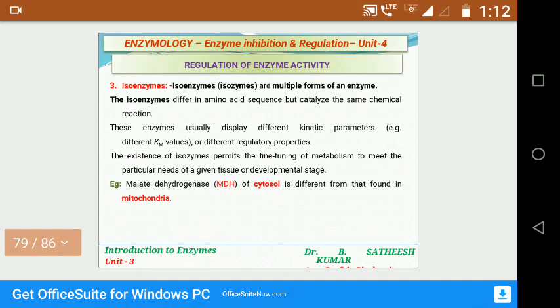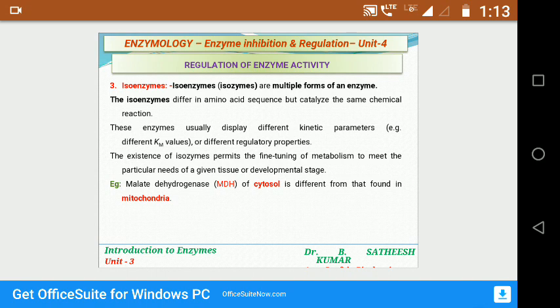And the final regulation mechanism is isoenzymes. Iso means the same, so these are the same enzymes in terms of their activity. They are different enzymes with different structures, physical properties, ionic properties, pH conditions, Km values and Vmax values, but all of them carry out the same chemical reaction.